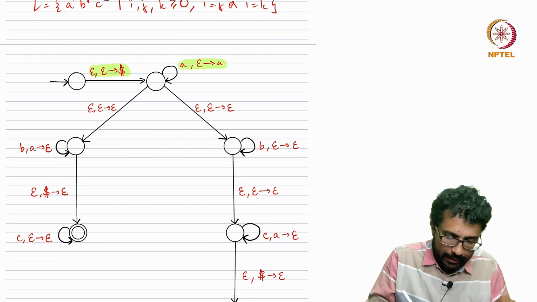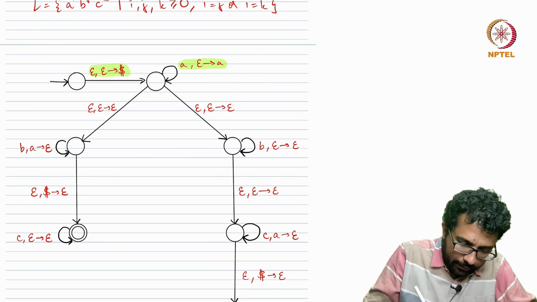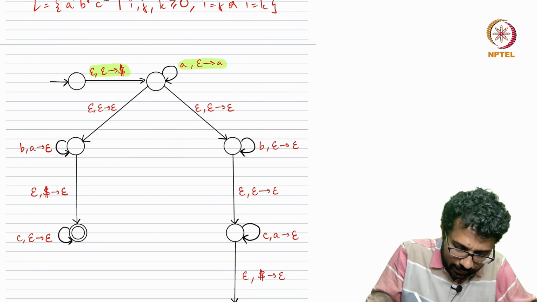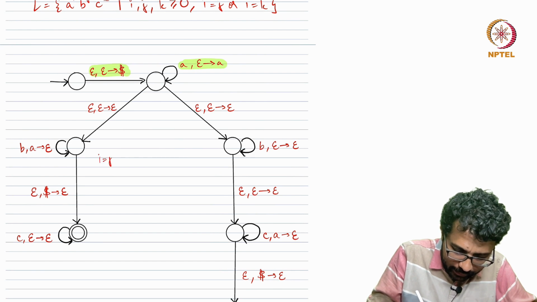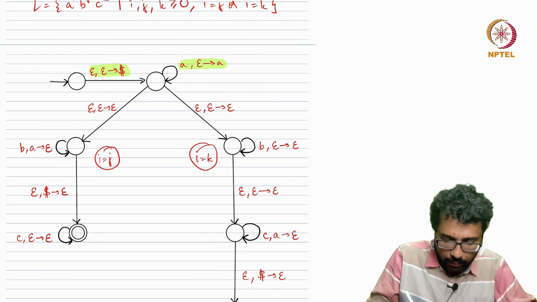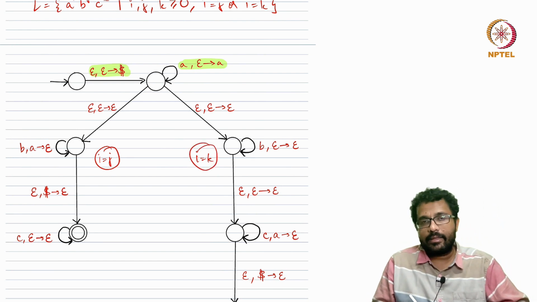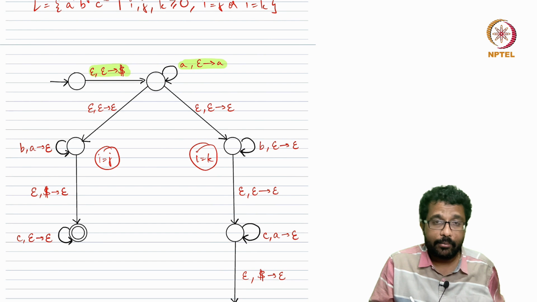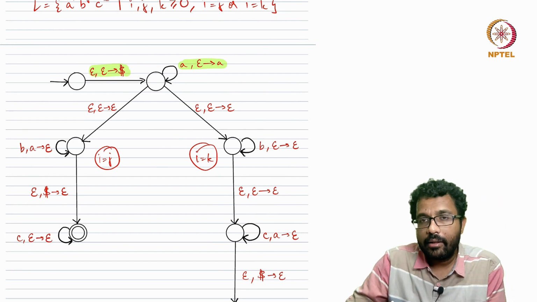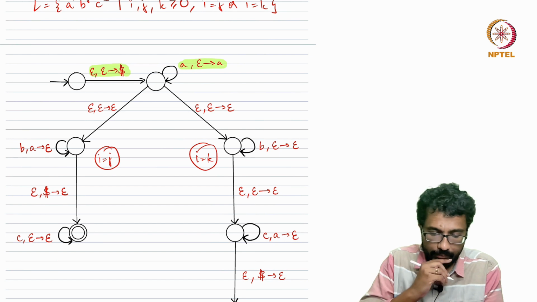On the left side we are checking for i equal to j, and on the right side it is i equal to k. So on the left side we are seeing whether the number of a's is equal to the number of b's, and on the right side we are checking whether the number of a's is equal to the number of c's.